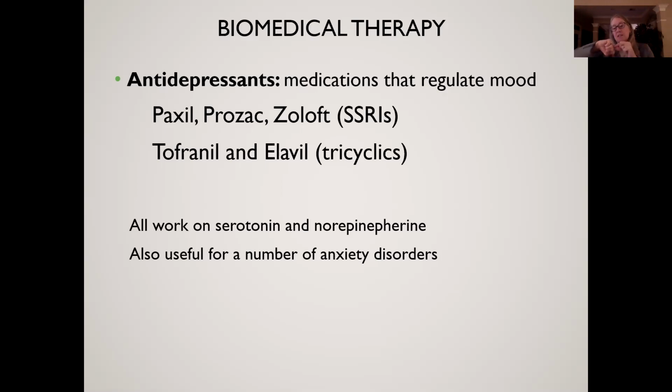And then it seeps into the dendrites of the next neuron, and that fits in like a lock and key. So if there are too many locks, so there isn't enough of these things, or too many openings so that you get too much in there, then we can end up having problems with depression. And so these antidepressants work on serotonin and norepinephrine and are wonderful at controlling things.